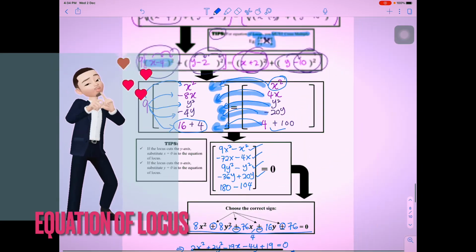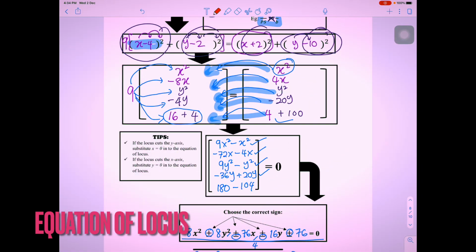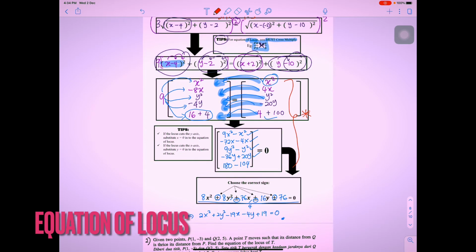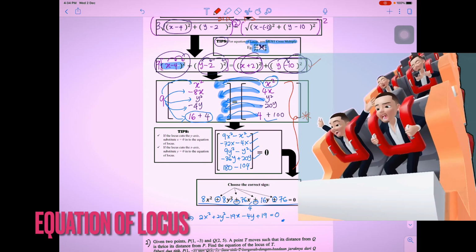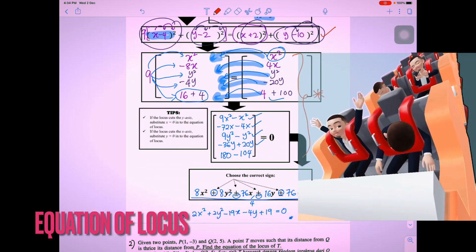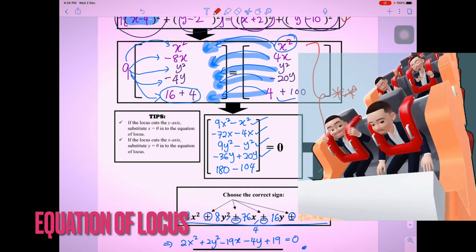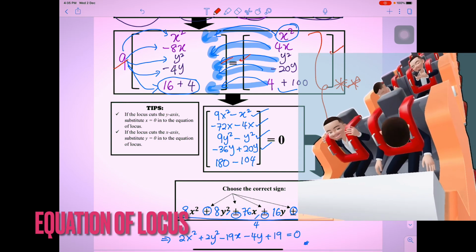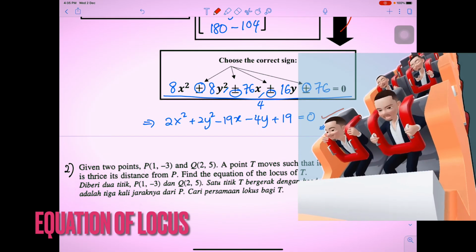Okay, the careless mistake that students always make is around this area. After expanding, the student always makes a mistake in this area. So to make it simple, we use the big bracket and the method like this to solve until you get the correct answer.